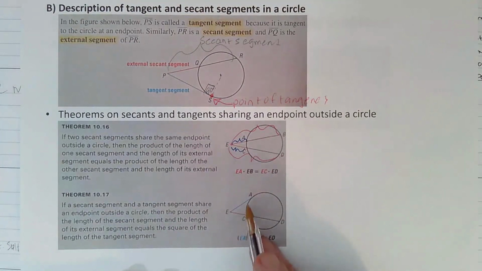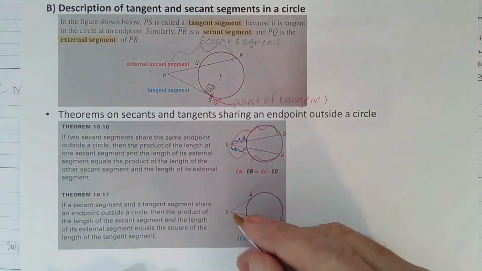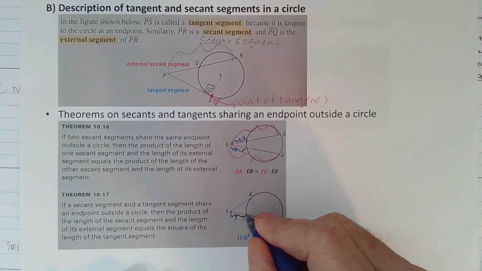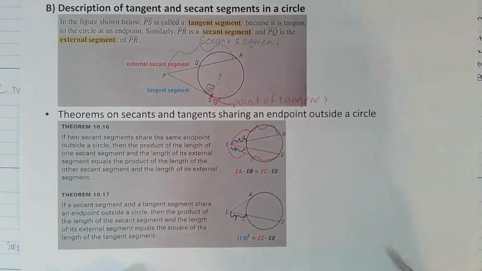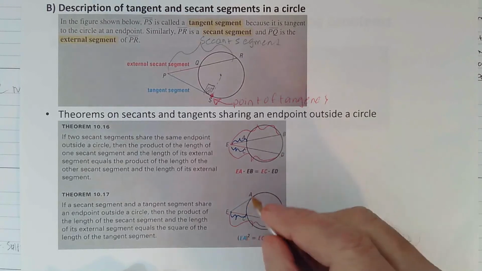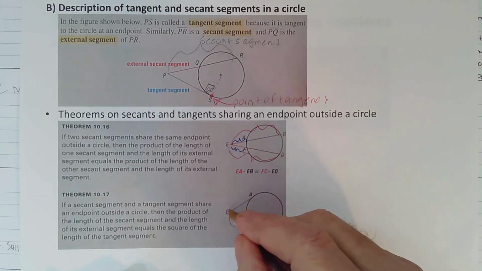The second one is the tangent secant rule. So if you have a secant segment and a tangent segment, then the product of the length of the secant segment and the length of its external segment, which was just what you had before, so this little part here, EC, if we multiply it to the entire thing, ED, the entire secant, that should equal the square of the length of the tangent.